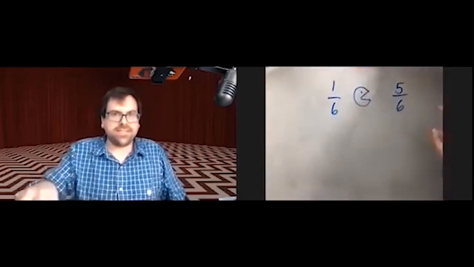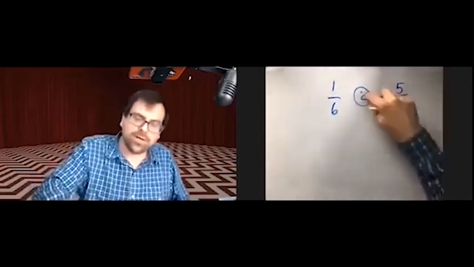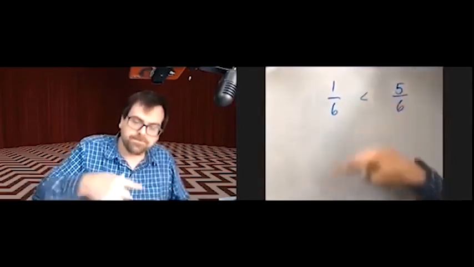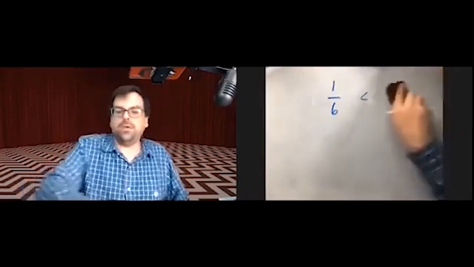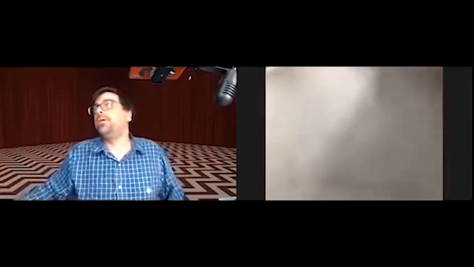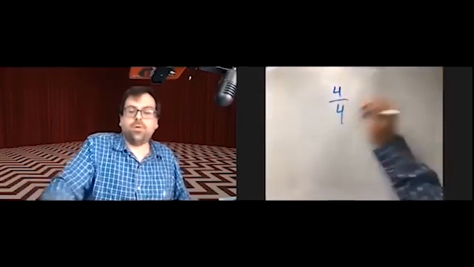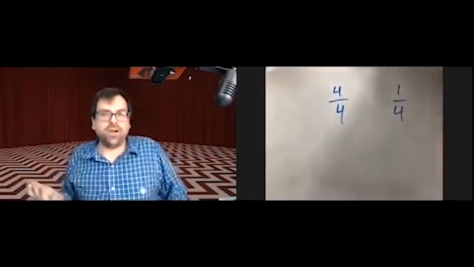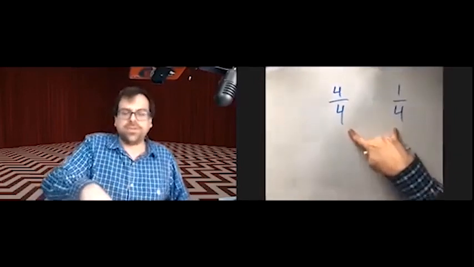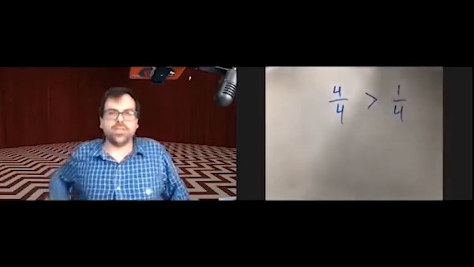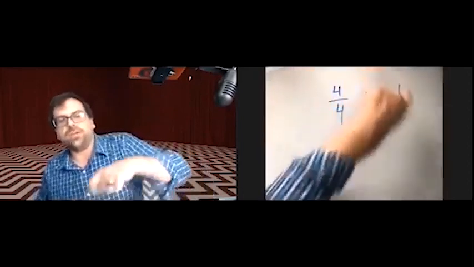Pac-Man would eat the 5/6 because it's more than the 1/6. Four fourths and 1/4. The bottom numbers are the same. So this one's greater than because 4 is greater than 1.